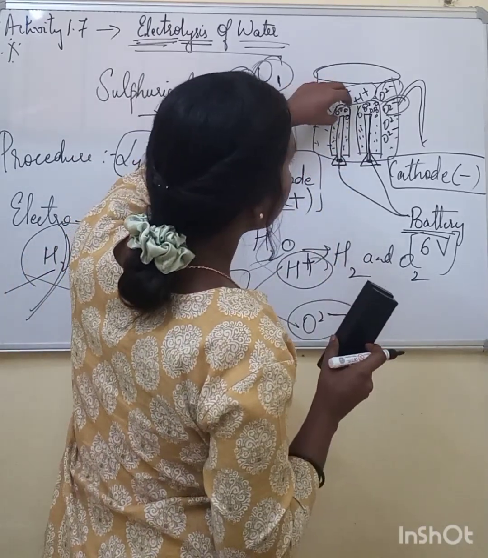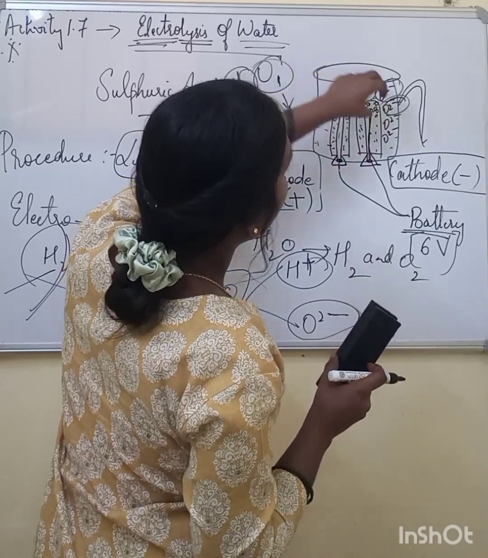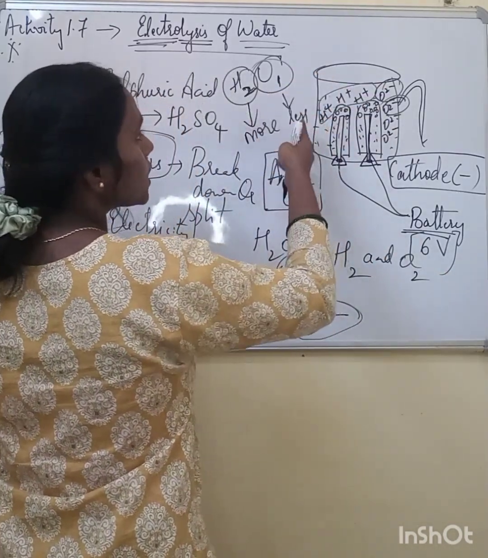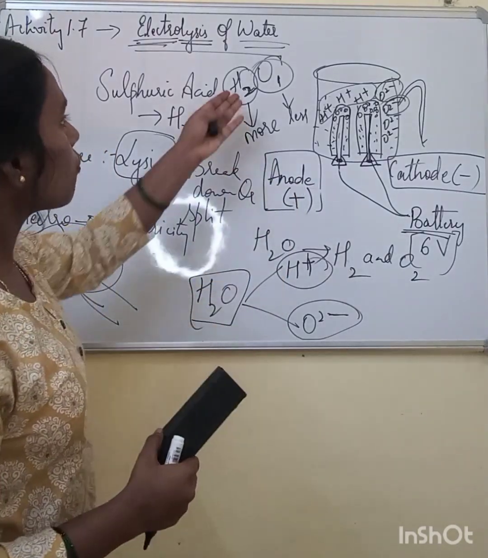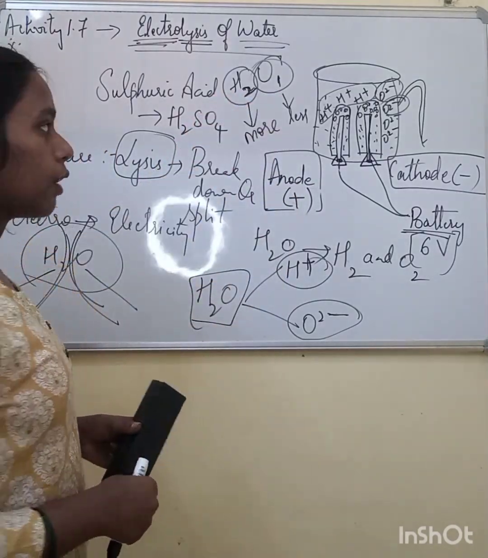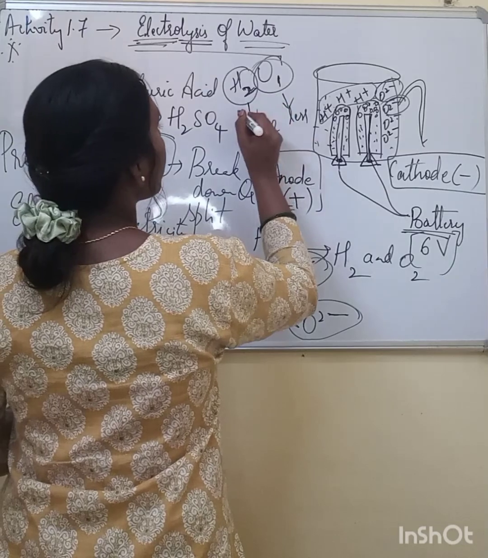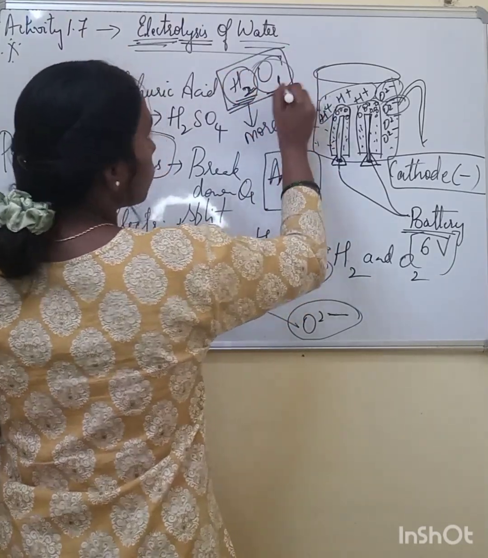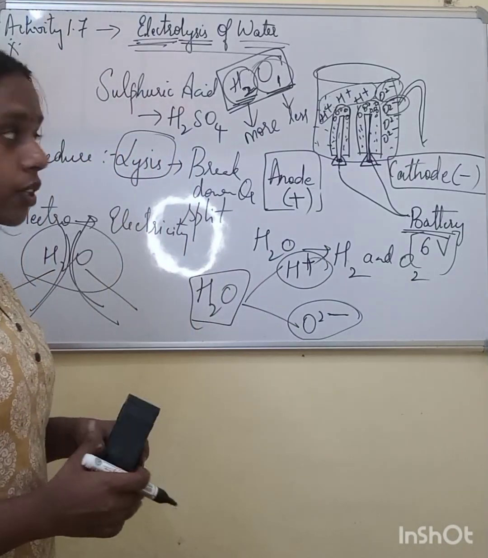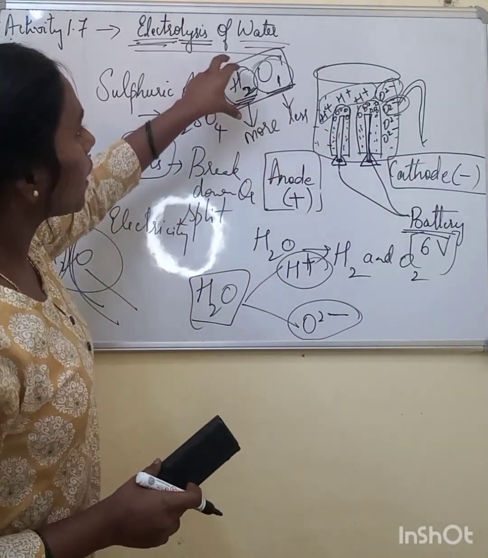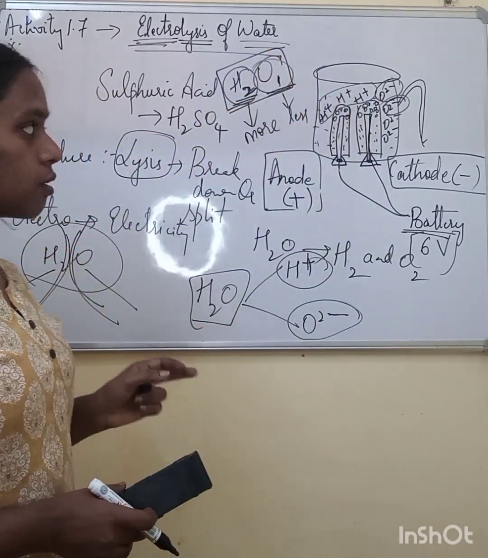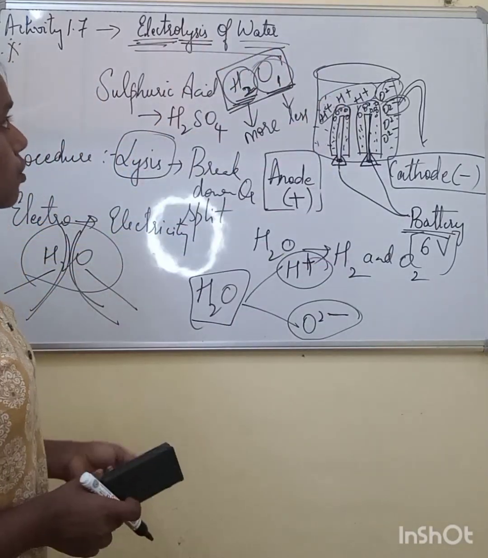The oxygen gas collected over here will be less compared to the hydrogen. The question will be asked, why is there imbalance in the collection of hydrogen and oxygen gas above the electrode? The answer is simple, because in a water molecule, as you see, there are 2 molecules of hydrogen, 1 molecule of oxygen. So when it gets separated, there will be more hydrogen and less oxygen. So this is all about electrolysis of water.